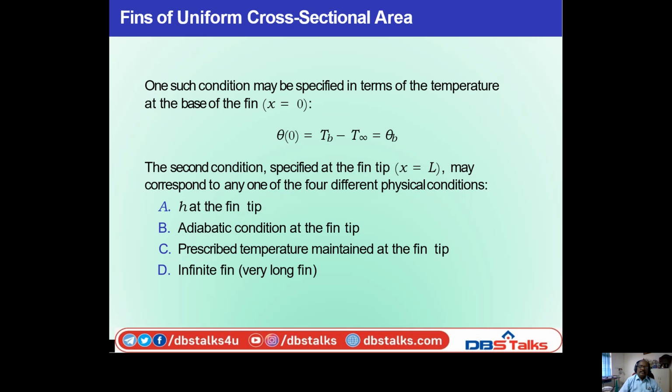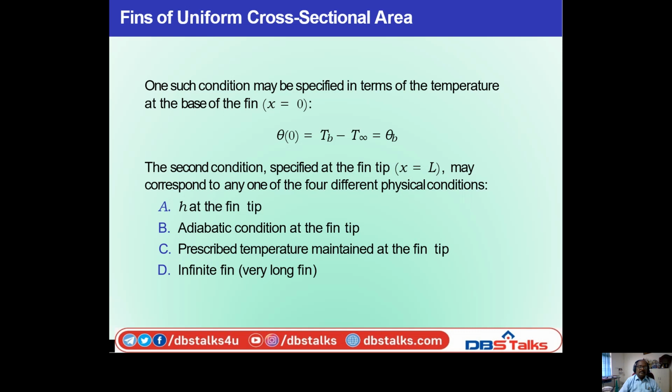So we take it as T suffix b, the base temperature at x equal to 0, theta equal to theta suffix b. And the second condition is at x equal to L. At x equal to L, what is theta? The theta will be different in different cases.